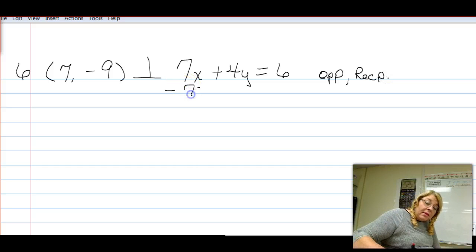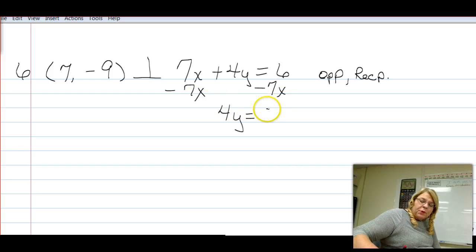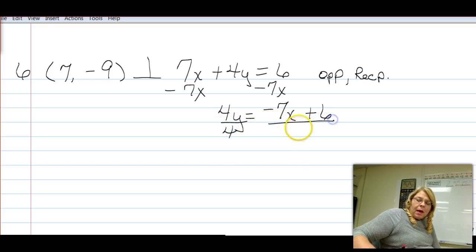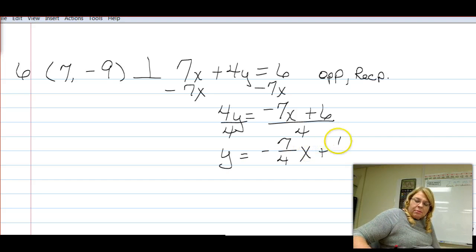So I need to find the slope of this line first, and then I'll figure out what the opposite reciprocal of it looks like. I subtract 7x from both sides to give me -7x plus 6. I divide by the 4 in front of the y. I get y equal -7 over 4x plus 6/4.